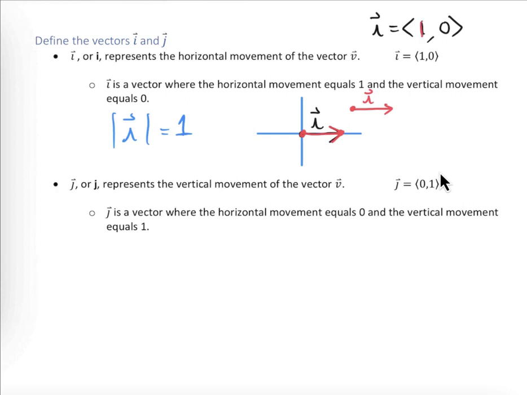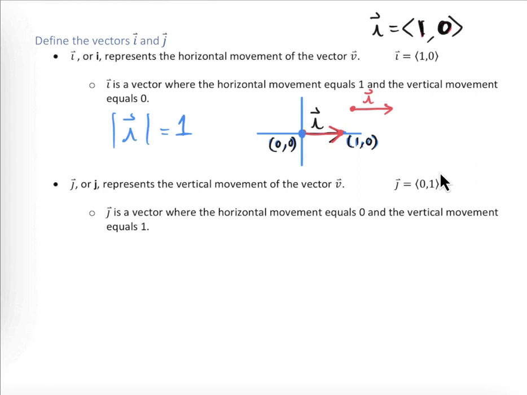So the components are <1, 0>, which also match the ordered pair that my i vector would land at if its initial point was at the origin. So the components of the vector match what the ordered pair terminal point would be when the initial point starts at the origin. Let's take a look at vector j.